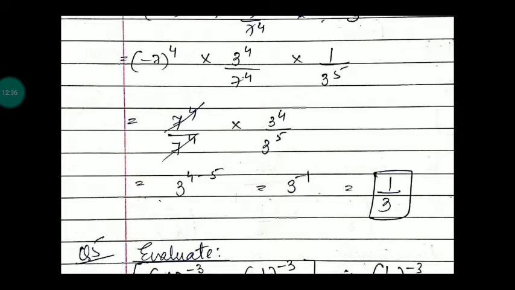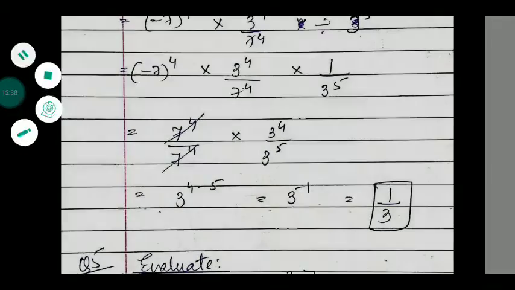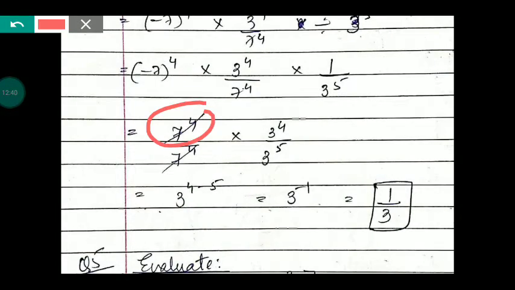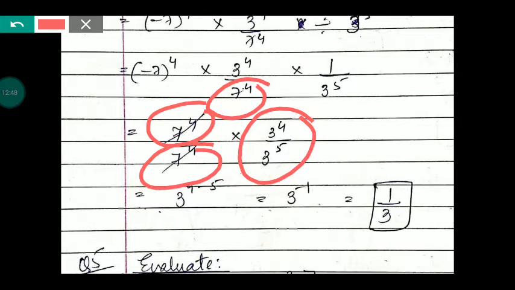So here we get plus 7 by 4 upon this plus 7 by 4 multiplied by 3 raised to 4 upon 3 raised to 5. This gets cut down and 3 raised to 4 minus 5, this goes above for subtraction. So we get 3 raised to minus 1. Again this is a negative power, so taking a reciprocal we get 1 upon 3.